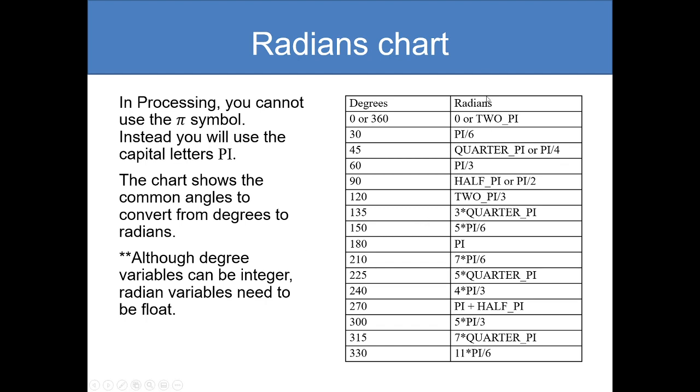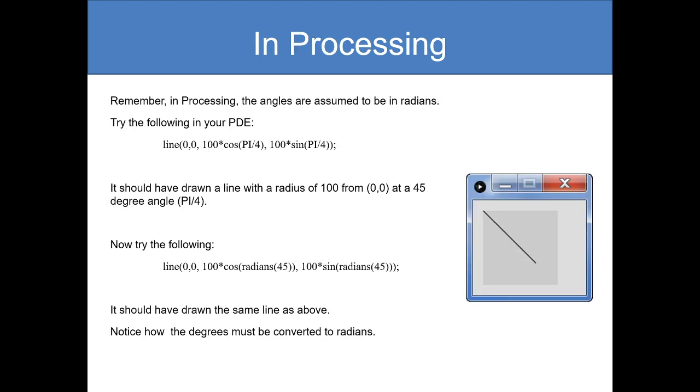One thing to note is that radians need to be in float. The reason for that is if you think of pi, it's that 3.14 continuing number that we still don't really know the end to. So in processing, angles are assumed to be in radians.